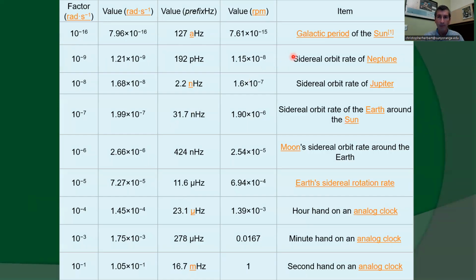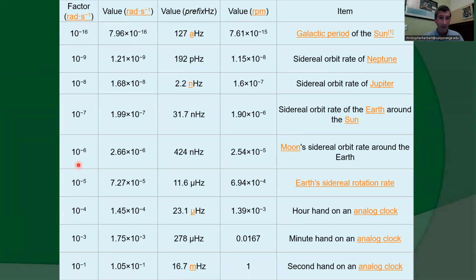And here, just some different rotational speeds. We go around the sun. If we picture the Milky Way galaxy rotating on an axis, our solar system goes around, if we treat the Milky Way like a rigid disk, at 10 to the minus 16 radians per second.